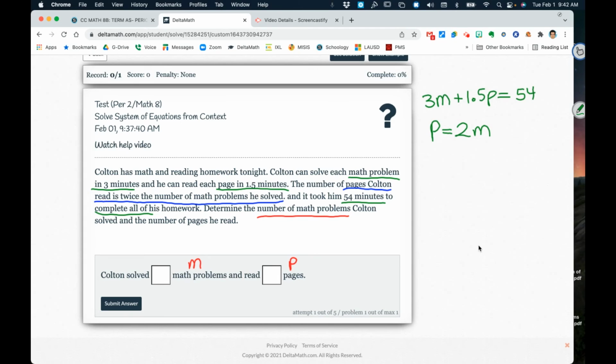So now I've got a system. I can solve it. Where should I substitute? I want to put this 2M somewhere. Does it go in for M or does it go in for P? For P. Yeah, this is going to go in here.